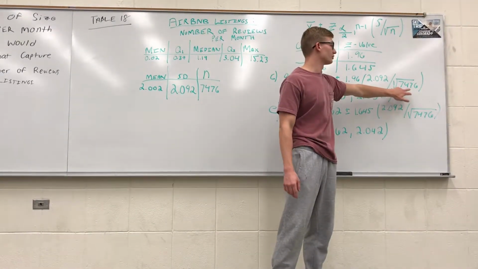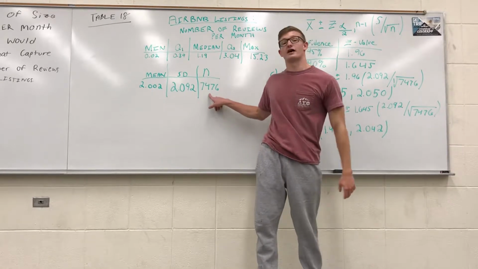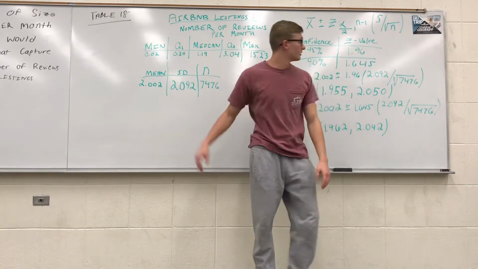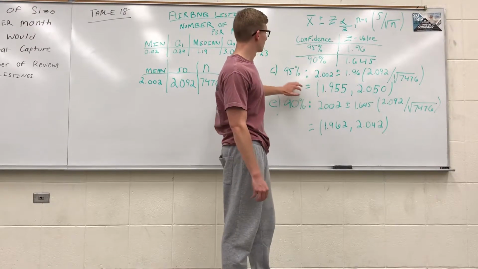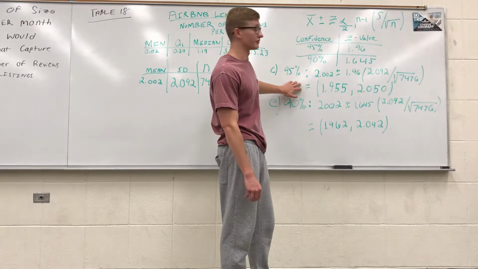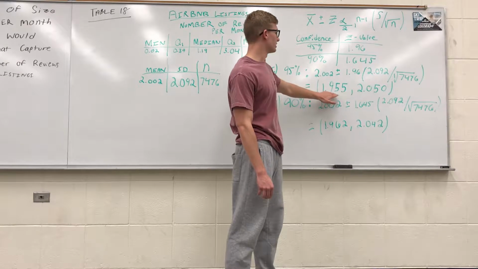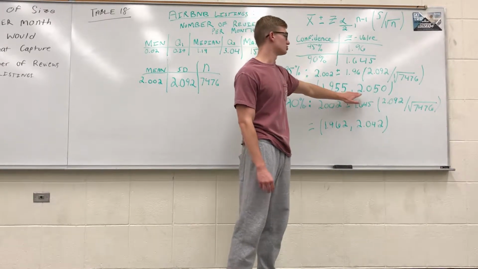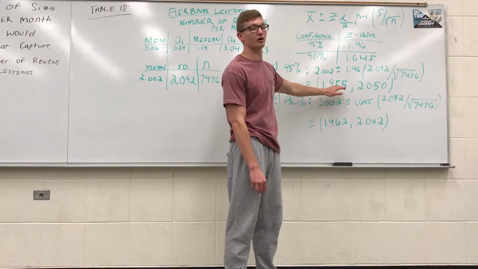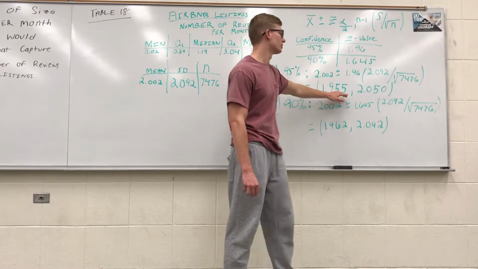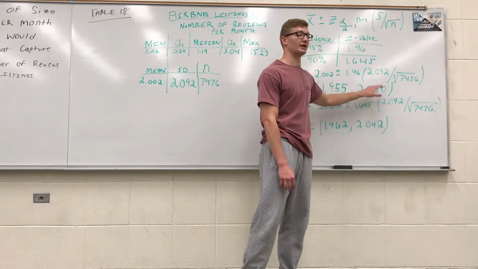And this is the square root of our sample size, 7,476. Upon calculating this using a calculator, we come up with the confidence interval 1.955 to 2.050, with 1.955 being our lower bound and 2.050 being the upper bound of our confidence interval.